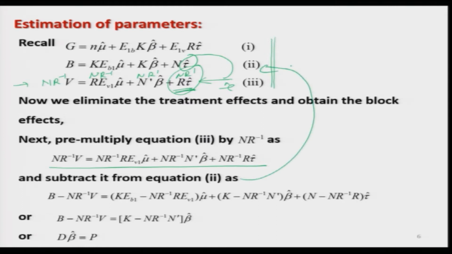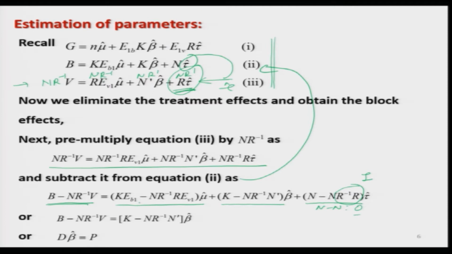Then you get B − NR⁻¹V equal to KEB1 − NR⁻¹REV1 μ hat plus (K − NR⁻¹N′) β hat plus (N − NR⁻¹R) τ hat. You can see that this term becomes the identity matrix, so it becomes N − N, which is a null vector.